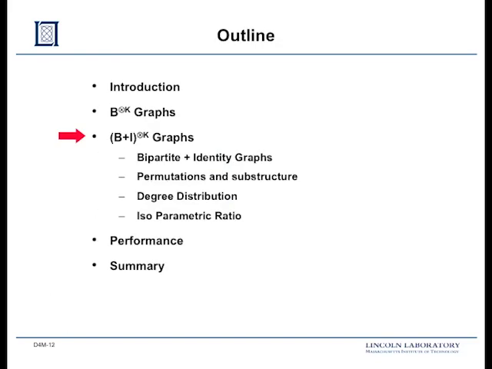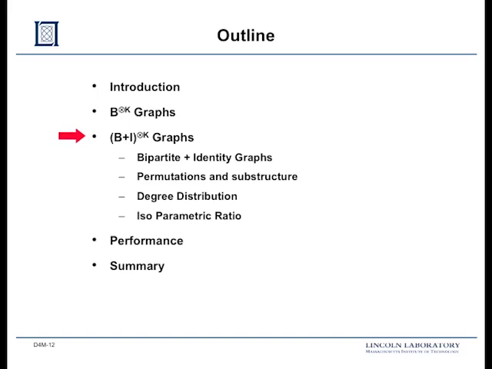So that's just pure bipartite graphs. But bipartite graphs have no intergroup connections. So we can create something that looks like a power law graph and see all the community substructure in it very clearly, but those communities are not connected in any way. To create connections between the communities, we have to add the identity matrix down the diagonal.